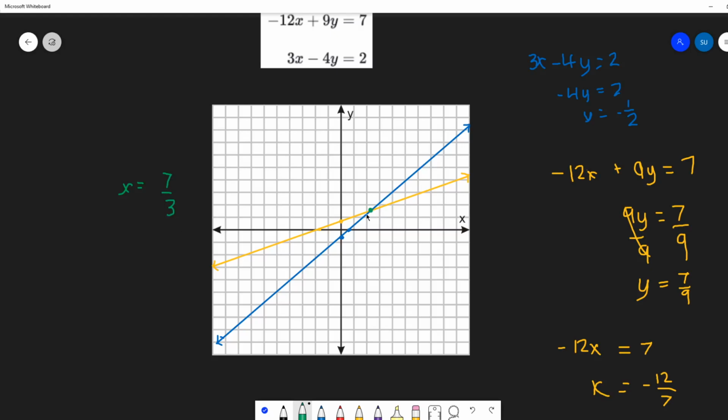And we'll say the y is equal to 1 2/3, so 5/3. So our estimated answer for this one is going to be 7/3 and 5/3.